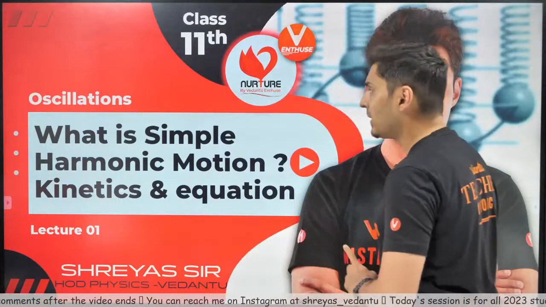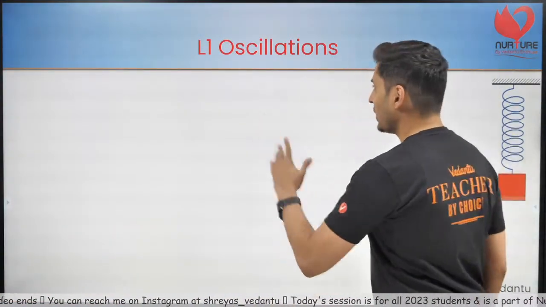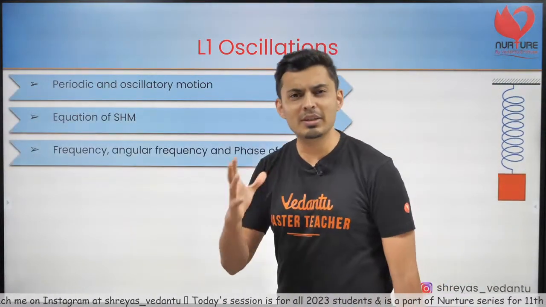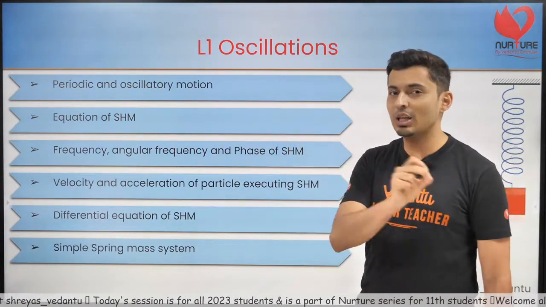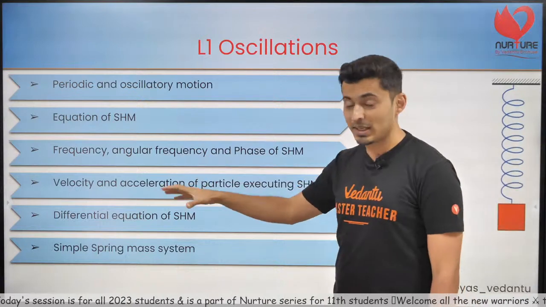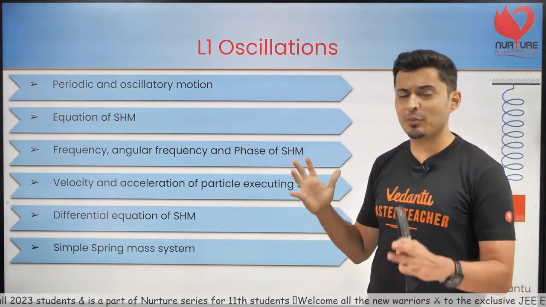Let me tell you what we are going to do, and we are going to cover this chapter in detail. So, what are we going to start with? We're going to start with what is periodic motion, what is oscillations. Then we will talk about the different terms and the equation of simple harmonic motion. The terms like frequency, angular frequency, amplitude, and phase, and what are these things?